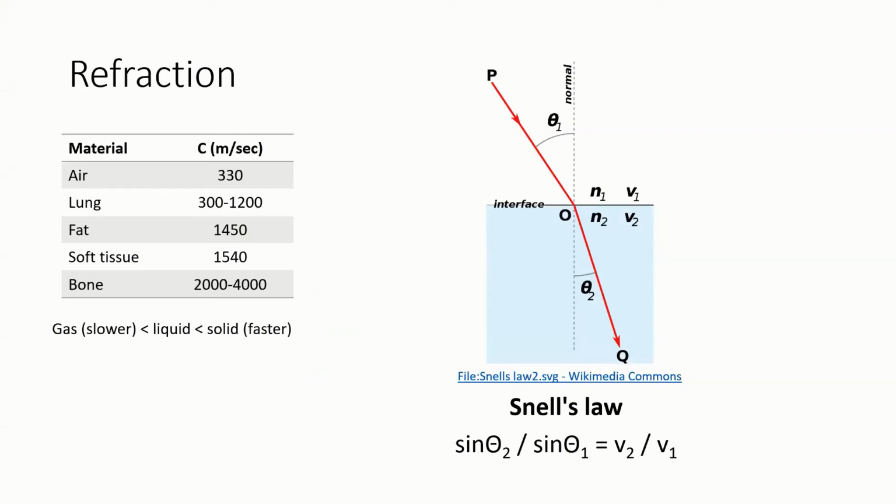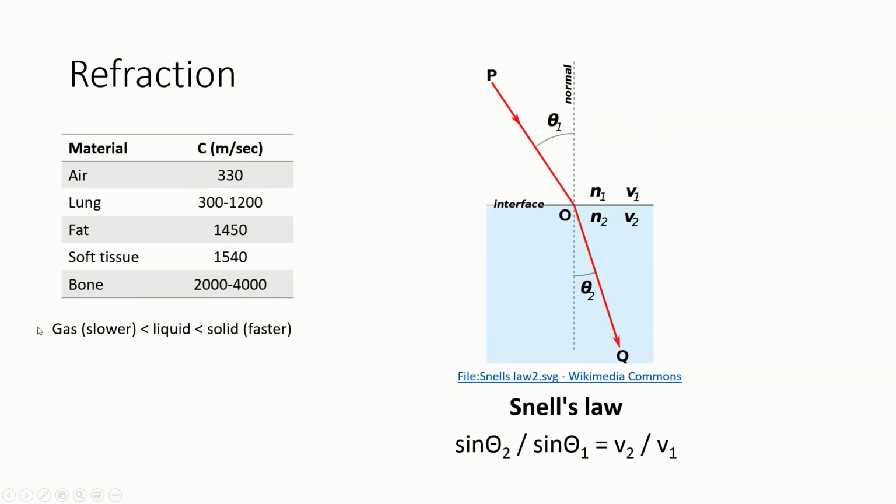Refraction is caused by the fact that ultrasound velocity is different from tissue to tissue. Here are some examples of velocities. It is fastest in bone and slowest in air.